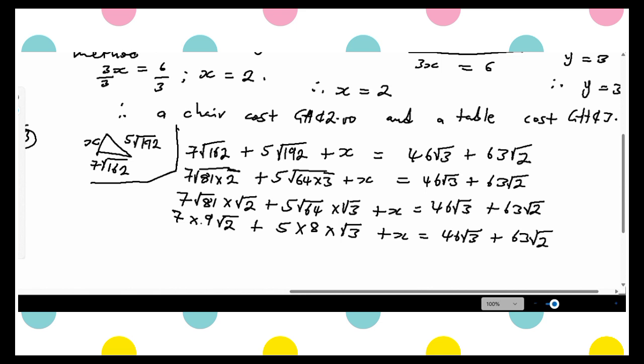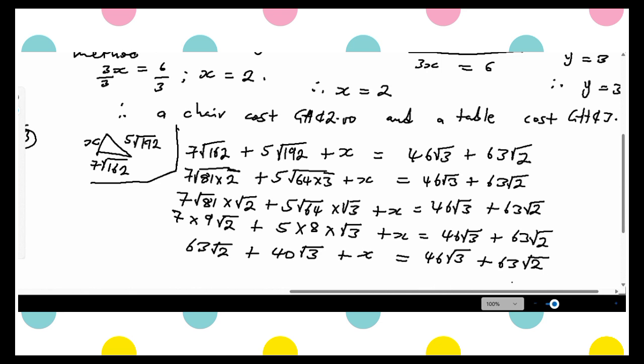Now we multiply 7 by 9, which gives us 63 root 2, and 5 by 8 gives us 40 root 3, plus x equal to 46 root 3 plus 63 root 2.